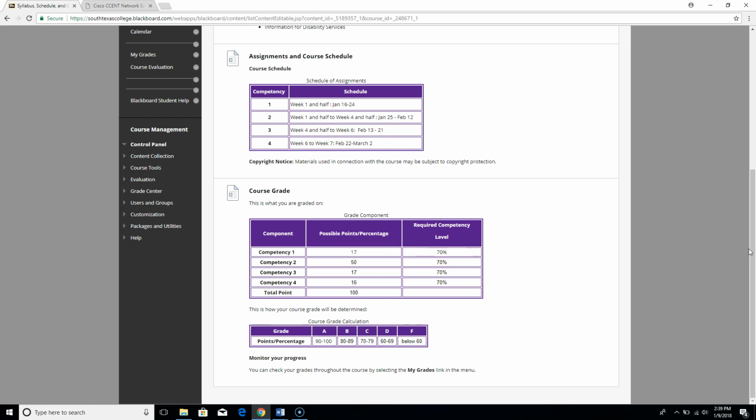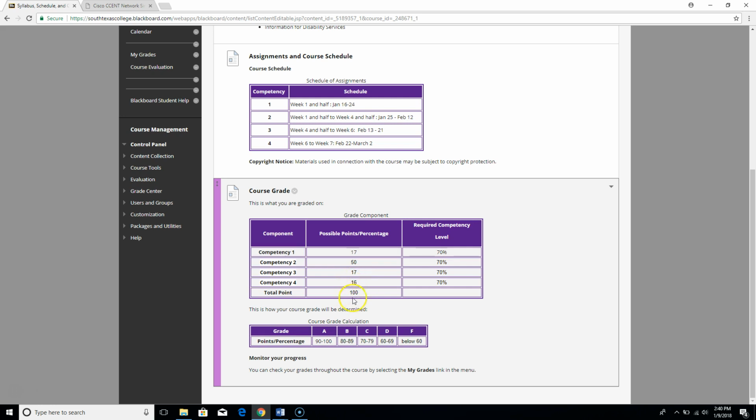As you notice, competency 2 has the highest possible point, 50, because most of the course work is hands-on exercises or lab portions of the voice over IP. Therefore, we have a high percentage in competency 2, almost half of it. The rest, competency 1, 3, and 4, have about 17, 17, and 16 points each.